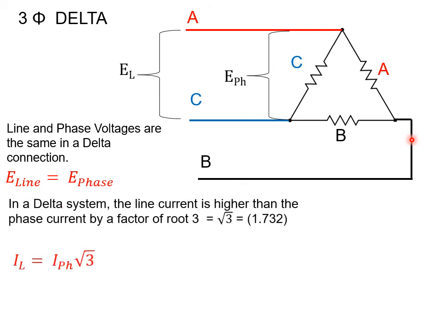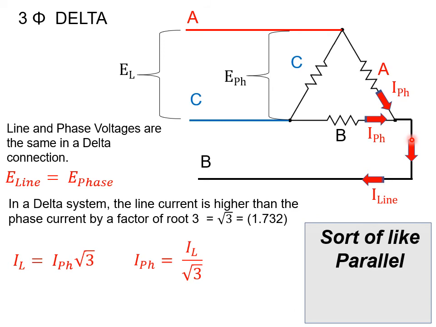When it comes to current, when two phase currents come together, they will make up a line current. So our line current is bigger than a phase by a factor of root 3. Or our phase is smaller than our line by a factor of root 3. Again, that's all because there's 120 degrees separation between each of the voltages coming in.